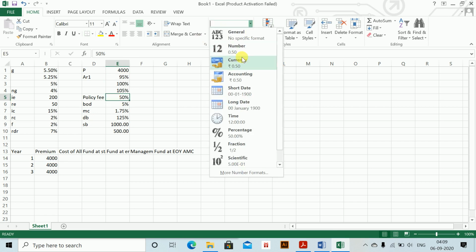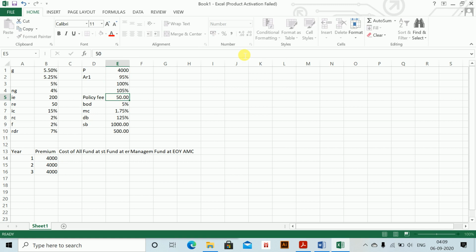Secondly, it must be 50. 4,000 into 95% into 1 minus bid offer spread minus policy fee. Okay, so these are the values, and then B14 premium into E2, which is this 1 minus, and fix the policy fee as well. So this is the value of fund at the start of the year.